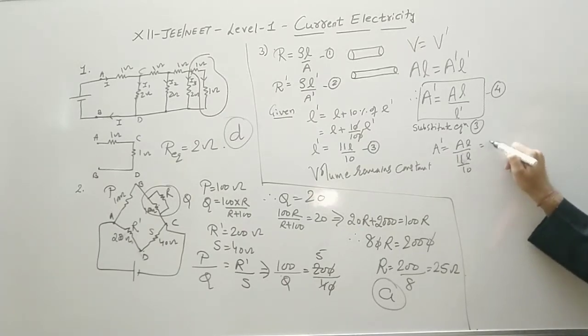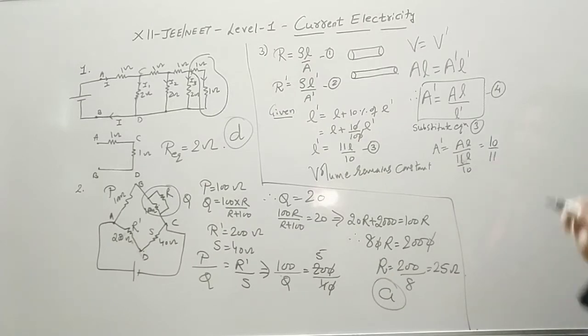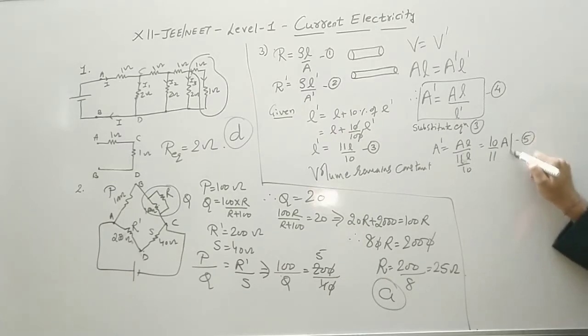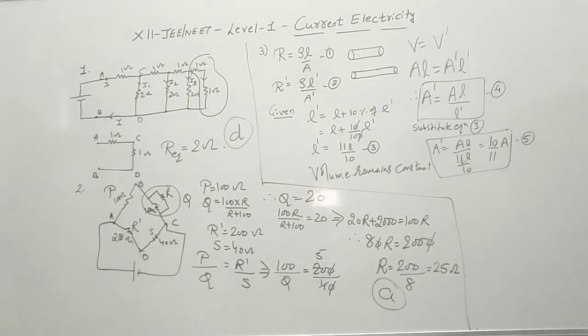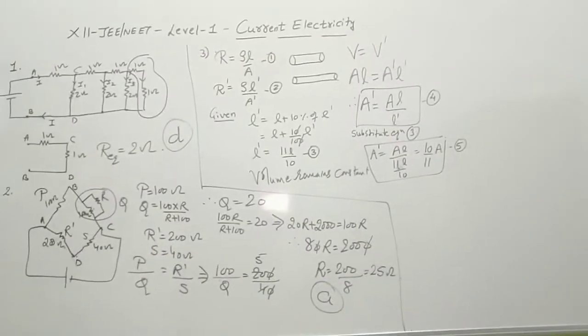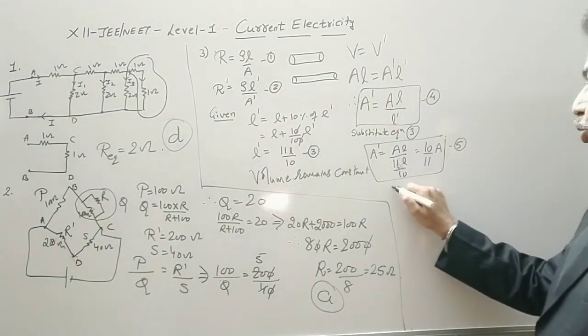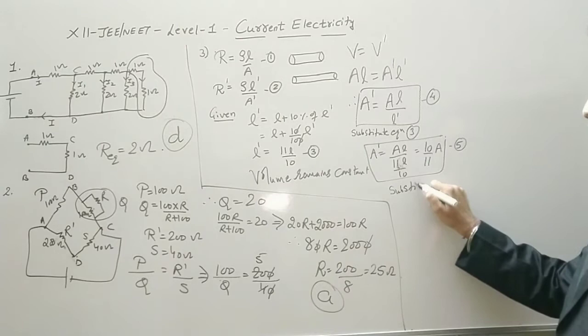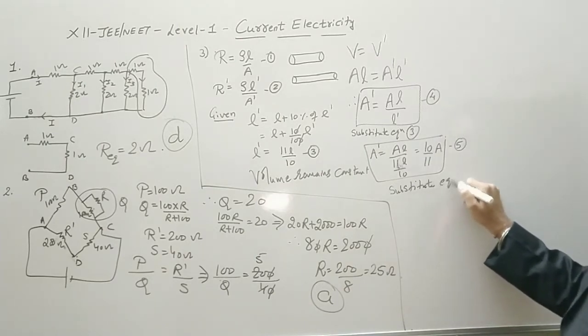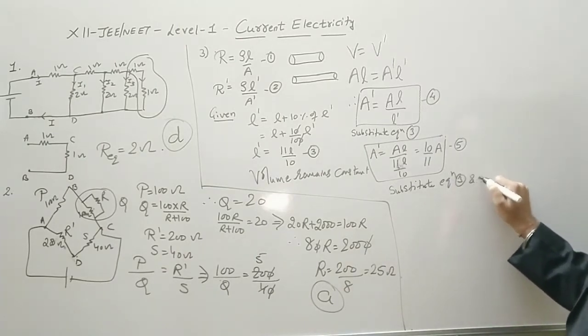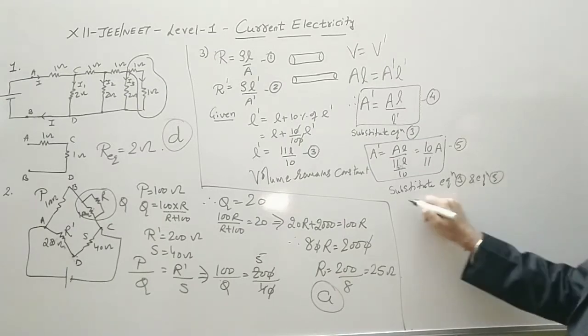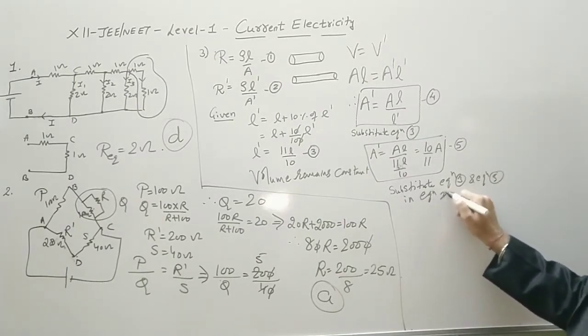So L is cancelled and we get the new area to be 10 upon 11 A. That is equation number 5. So we substitute equation 3 and equation 5 in the final value of the resistance, in equation number 2.